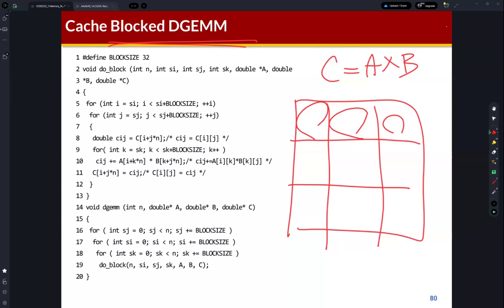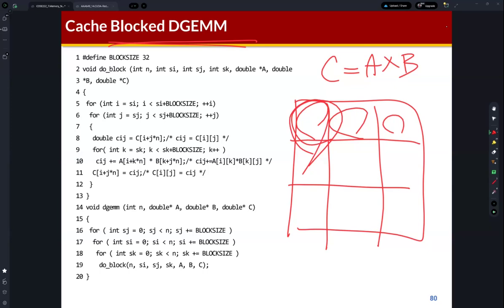Then we can perform the matrix multiplications using smaller submatrices. By doing this, we can reduce the size of the matrix.